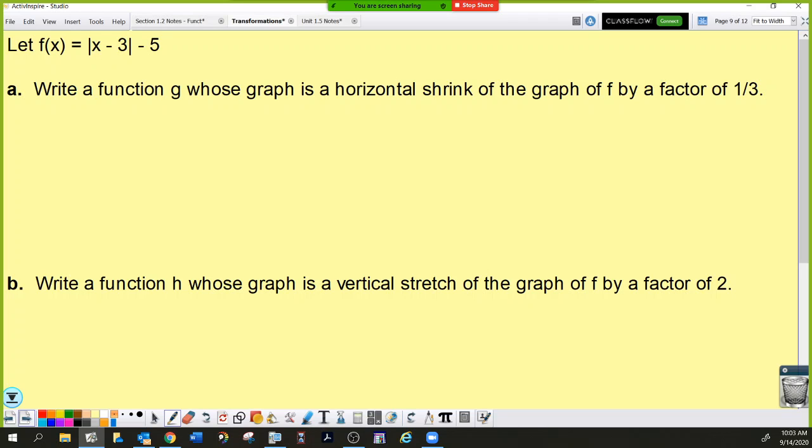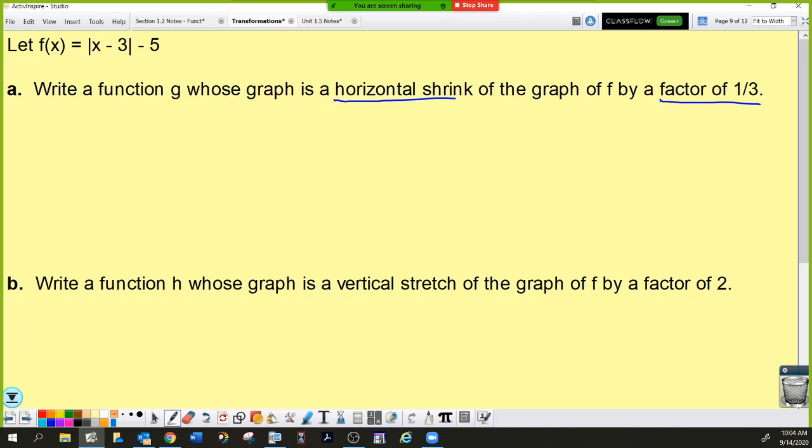So the first question says, write a function, we'll call it g, whose graph is a horizontal shrink by a factor of 1/3. We're going to run through our script. It says horizontal. Horizontal changes. Is that x's or y's?